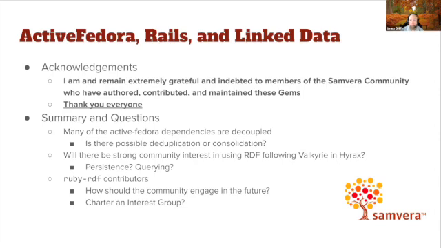Further, might there be any strong community interest in using RDF following Valkyrie as integration into Hyrax? Would this be for persistence? Perhaps there's less interest in persistence if Valkyrie uses a persistence backend, such as PostgreSQL, which doesn't rely upon RDF, and maybe querying is where RDF support should be offered.